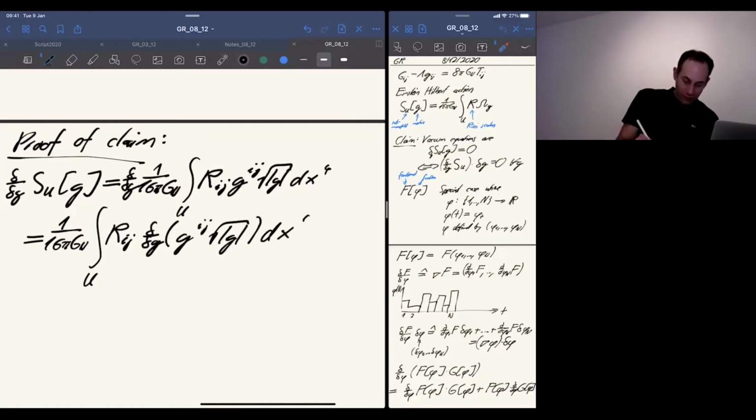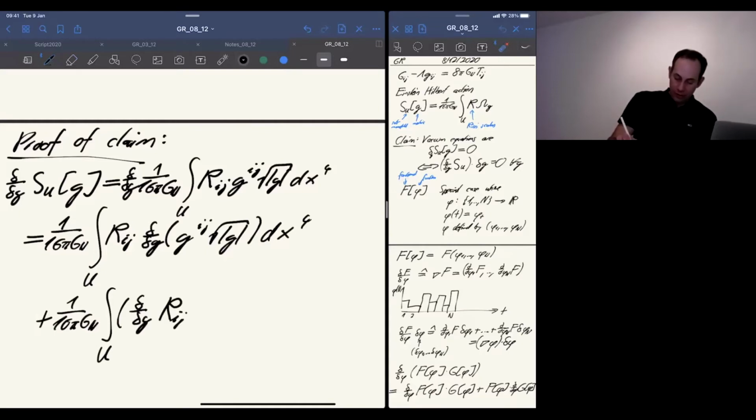And then I will write a completely different integral. I just separated it in order to have a cleaner treatment later. I will write an extra term for the whole rest, which is again an integration over U, which consists of the first part that comes out of the product rule, delta to the delta G of Rij, and of course it still has this Gij with which it is multiplied, and the determinant of G and dx to the 4.